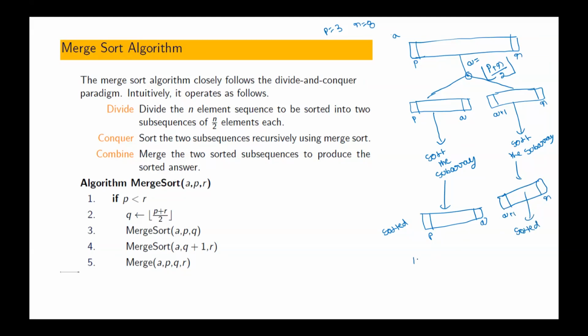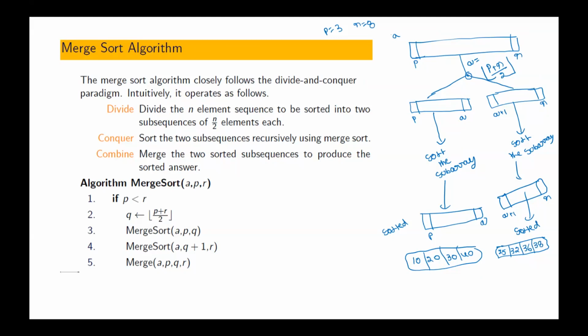Something like this, say 10, 20, 30, 40. This side may be something like this: 25, 32, 36, 38, something like this we have got.